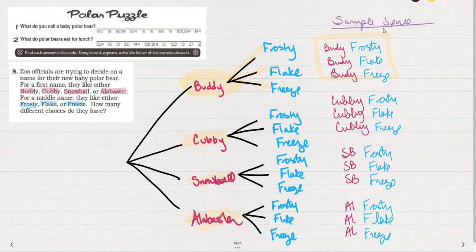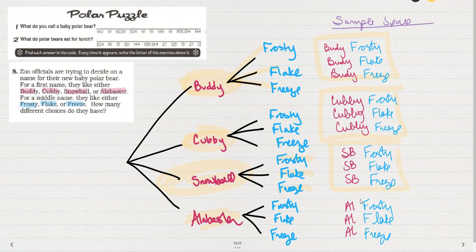And then once we choose Cubby as the first name, we could get Cubby Frosty, Cubby Flake, Cubby Freeze. Once we choose Snowball as a first name, we could then choose Frosty, Flake, or Freeze. So Snowball Frosty, Snowball Flake, or Snowball Freeze.